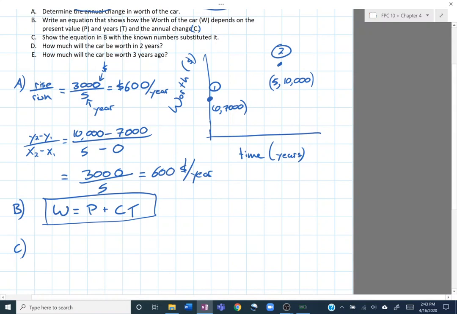C, show the equation B with the known numbers substituted in. I'm actually going to rewrite that one. What I actually want to ask is, let's get rid of that.